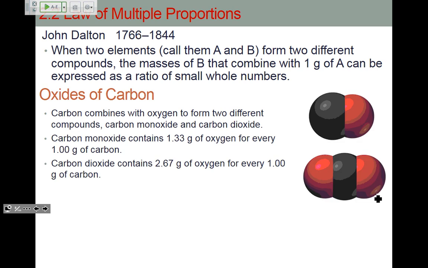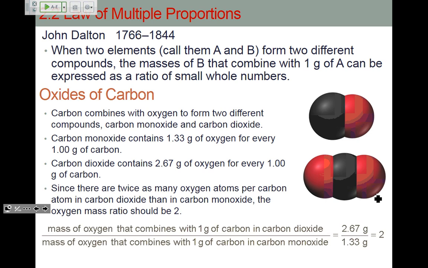So if we have a sample of carbon monoxide that has 1.33 grams of oxygen for every 1 gram of carbon, and we have a sample of carbon dioxide that has 2.67 grams of oxygen for every 1 gram of carbon, if we take the ratio of 2.67 grams of oxygen for carbon dioxide to 1.33 grams of oxygen, we're going to get a small whole number. And that small whole number is going to be 2 in this case.